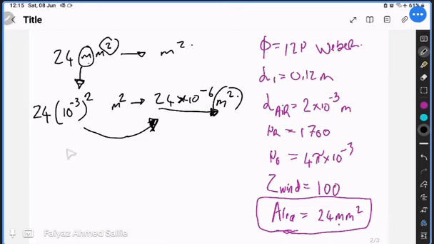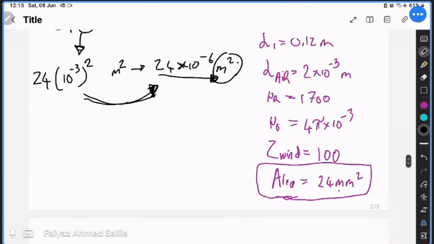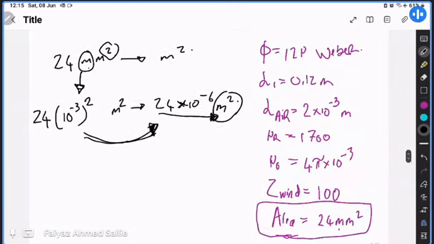Another thing, I almost forgot this. So this one is area, right?